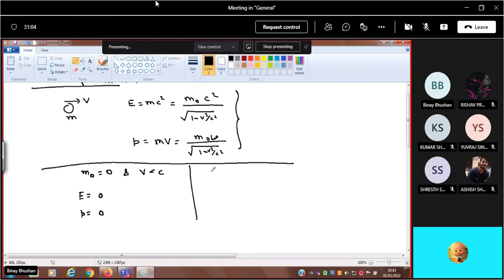But if m naught is equal to 0 and v is equal to c, अब क्या होगा? Yuras? Sir, undetermined term, 0 by 0.